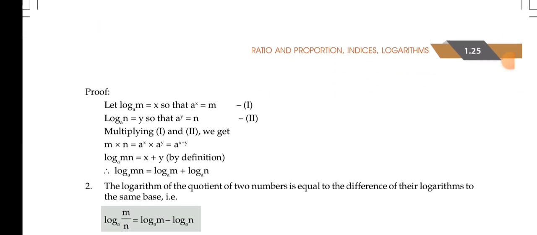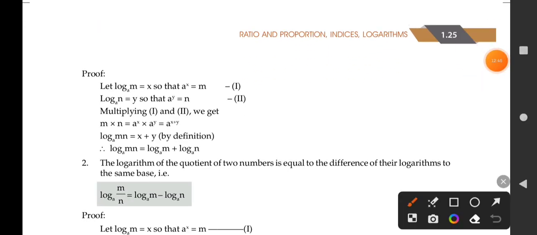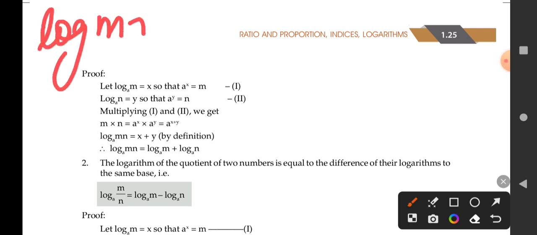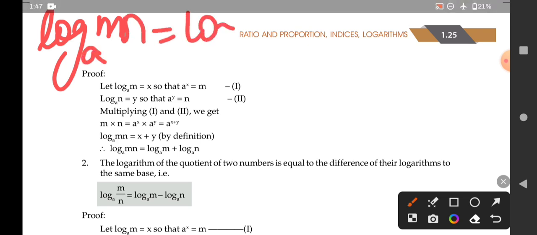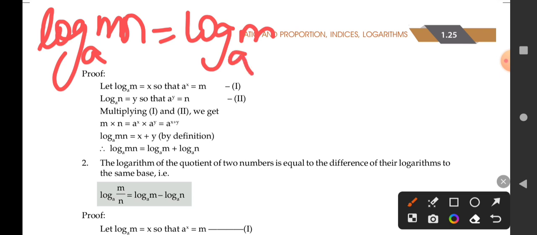Okay, what is the proof? So what do we have? We are trying to prove log mn to the base a is equal to log m to the base a plus log n to the base a.